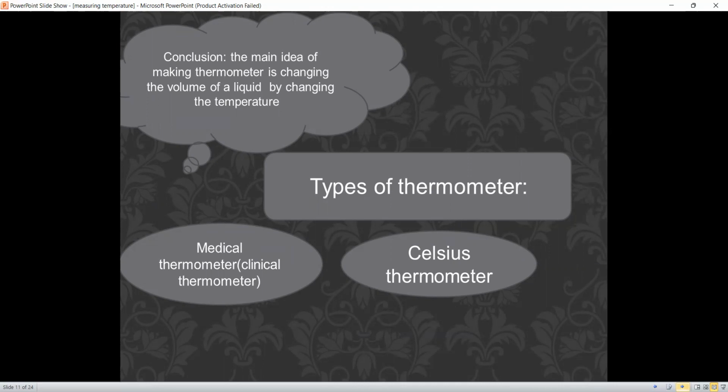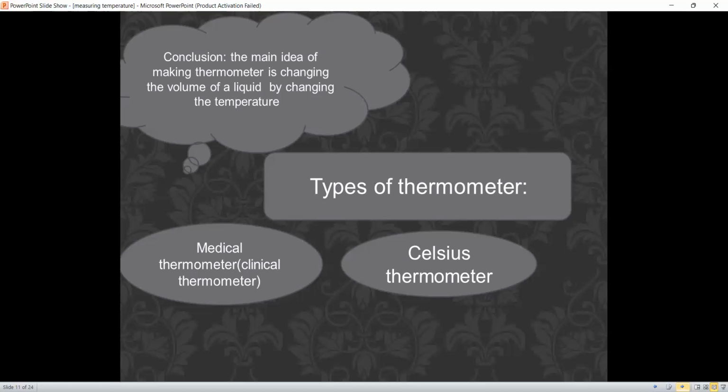Focus as you can, this is an important point. The idea of making a thermometer is changing the volume of liquid by changing the temperature: expand by heating, contract by cooling.